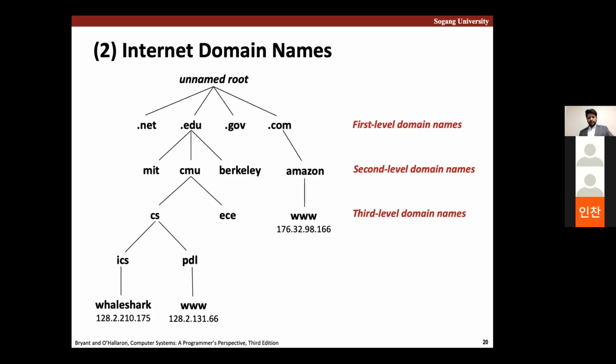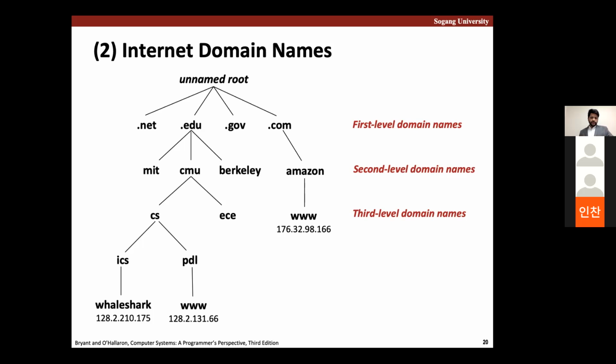The first level is the collection of first level domain names that are defined by the non-profit organization called the Internet Corporation for Assigned Names and Numbers, ICANN. The common first level domain names include edu, gov, com, and org.